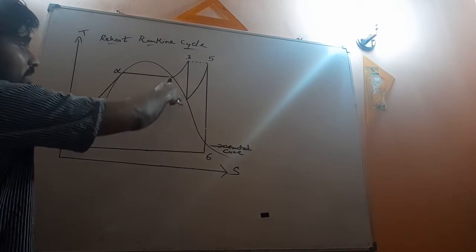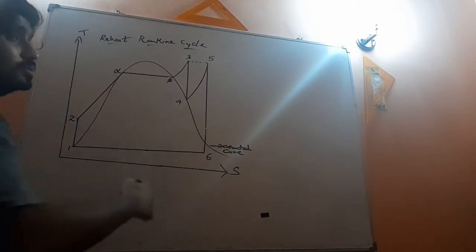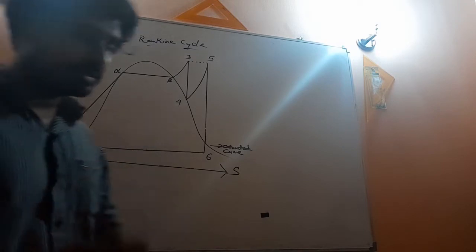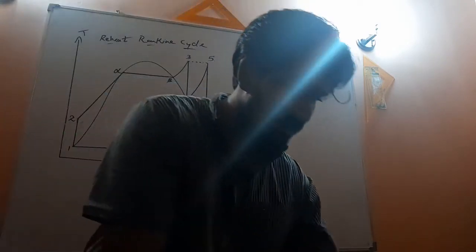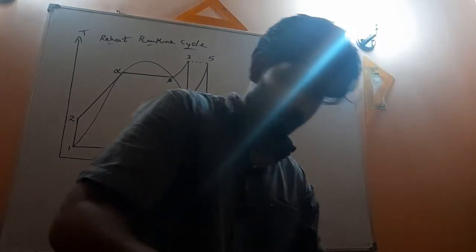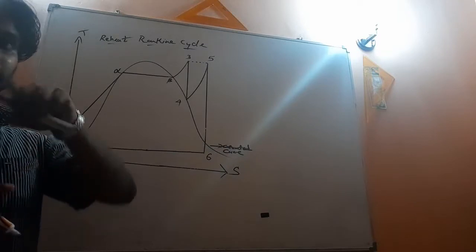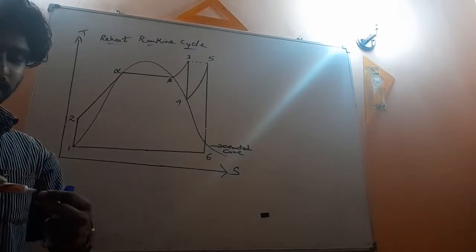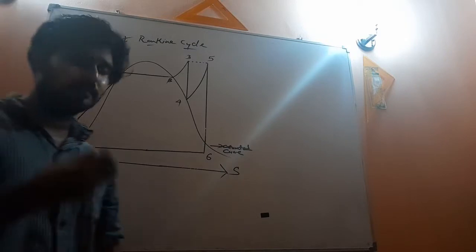This point beta is on the saturated curve. This point 4 is also on the saturated curve, because in the problem it is very clearly said that the final state after the expansion of the first turbine is dry saturated.